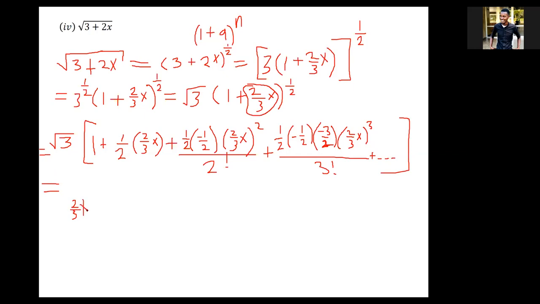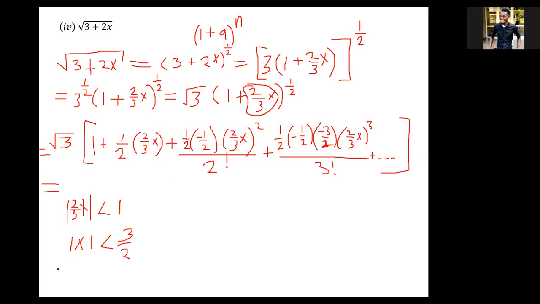So the absolute value of 2 over 3x is less than 1. This is the only time when the expansion is valid. So when you cross multiply, you're going to have the absolute value of x being less than 3 over 2.